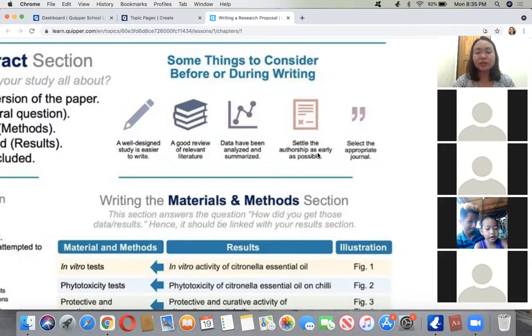Then settle the authorship as early as possible. For example, if two of you conducted the study, who should be the first author and who should be the second author? If you are alone, no worries because you'll be the one.